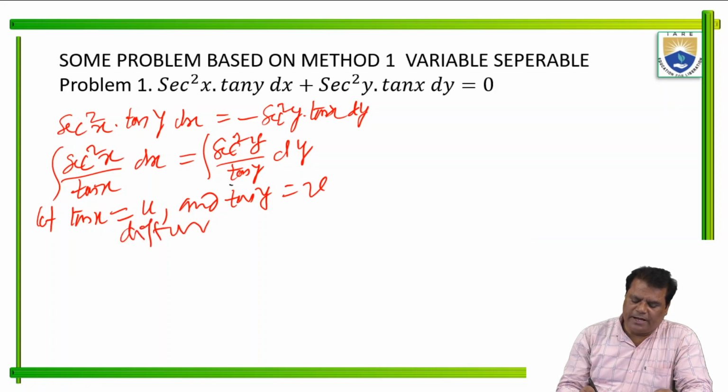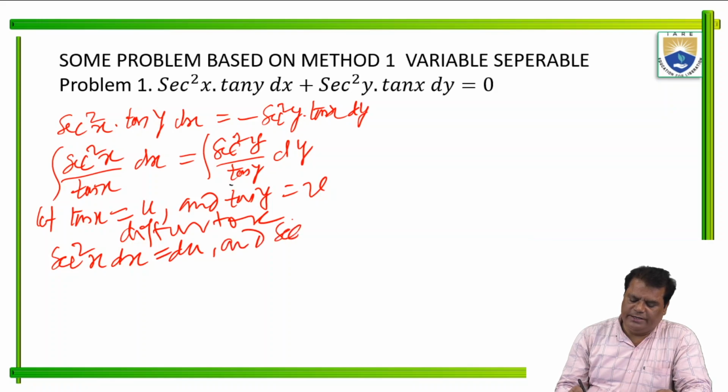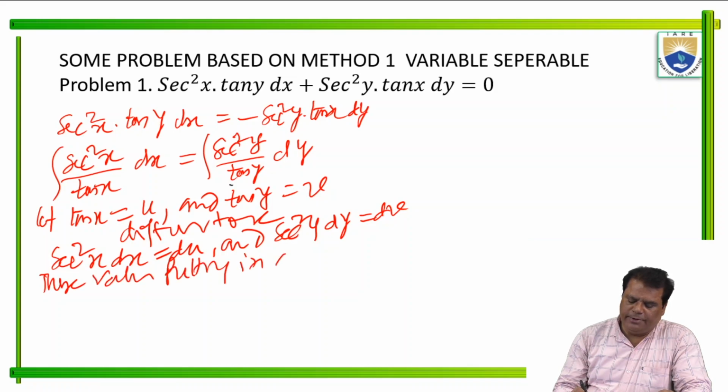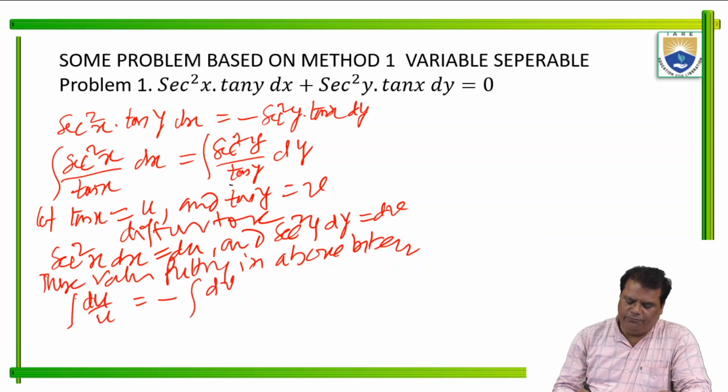Differentiating, sec square x dx is equal to du and sec square y dy equal to dv. Putting these values in the above integral, we get du upon u equal to minus dv upon v.